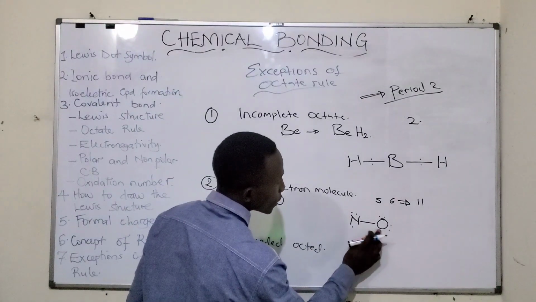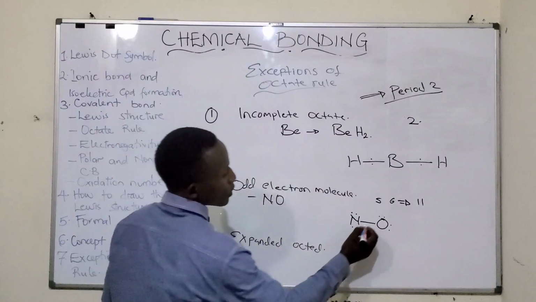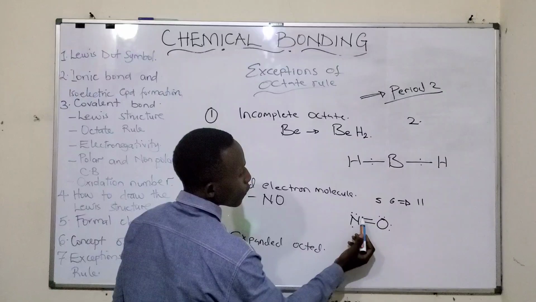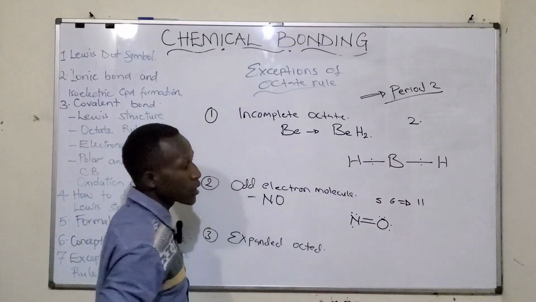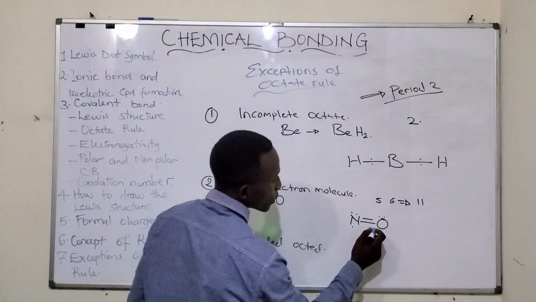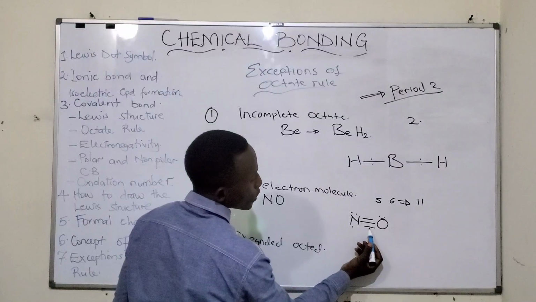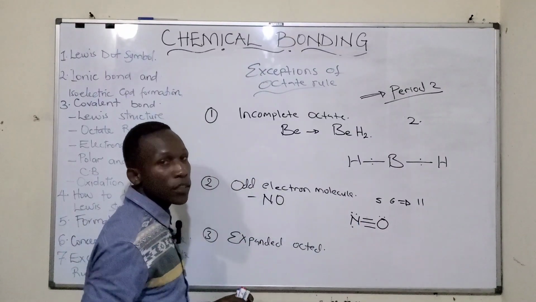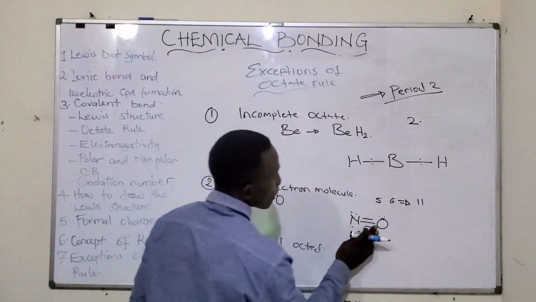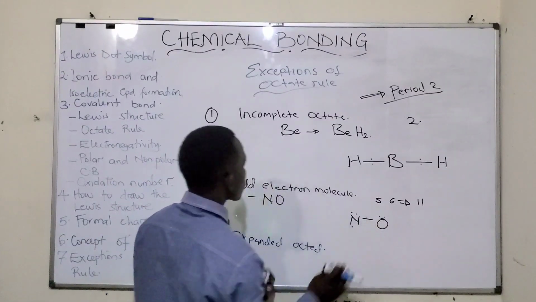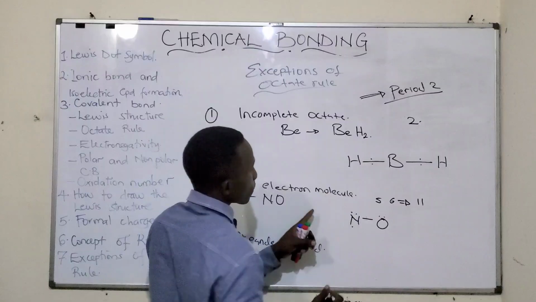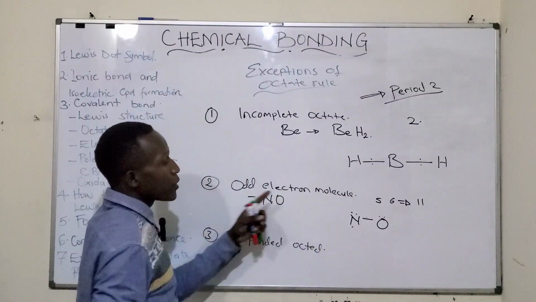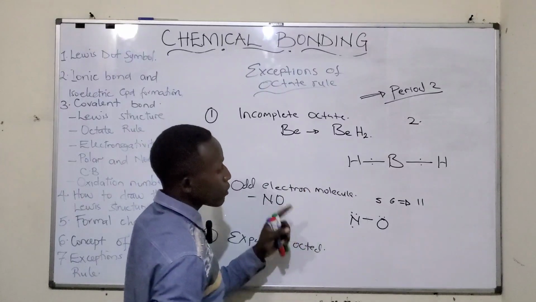If you put a double bond here, it has 1, 2, 3, 4, 5, 6, 7. If you try to put another bond, it has 1, 2, 3, 4, 5, 6, 7, 8, 9. So you can't complete its octet. Meaning that those odd electron molecules cannot be completed. Their octet cannot be completed.